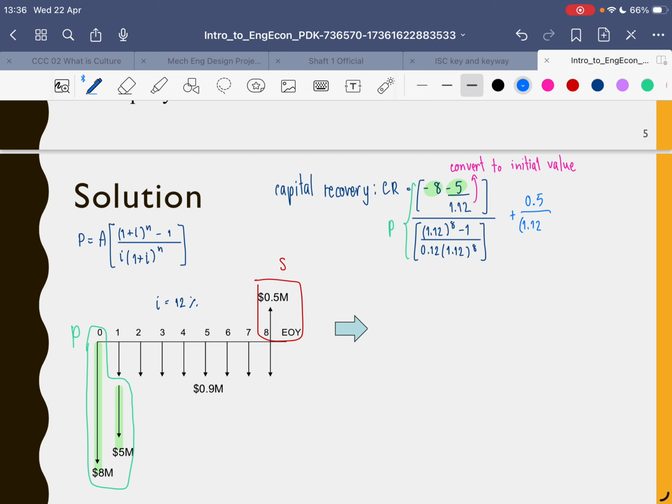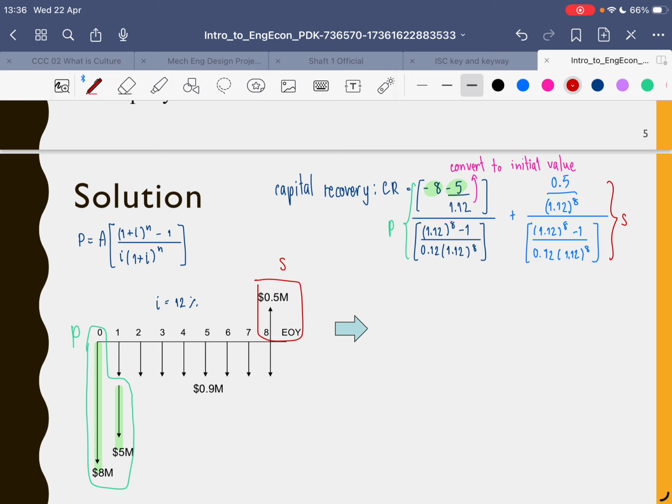And then I divide it by the same factor, (1.12^n minus 1) divided by 0.12 times 1.12^n. And this is S. If you calculate correctly, you will receive the final value as minus $2.47 million.